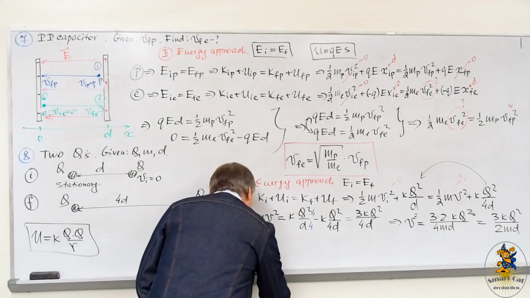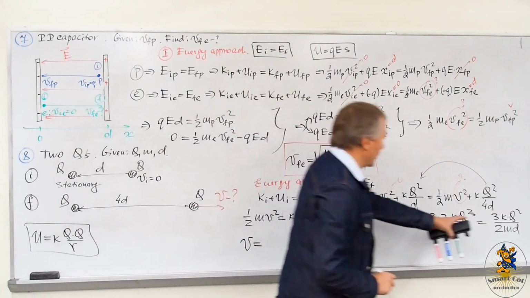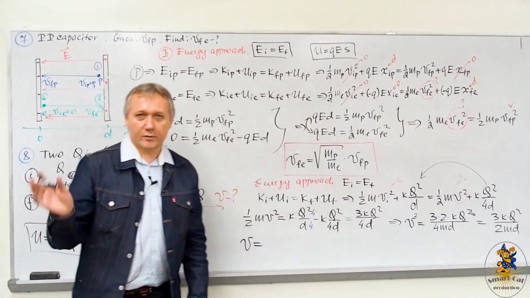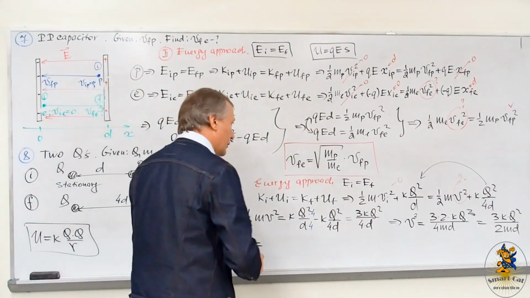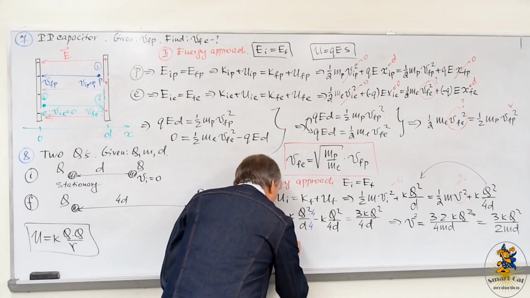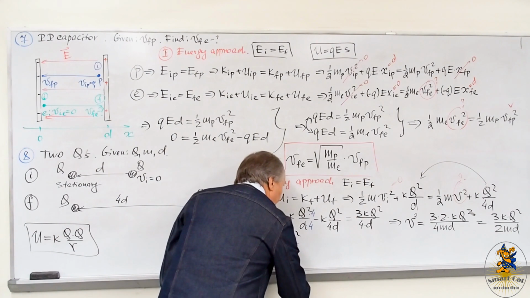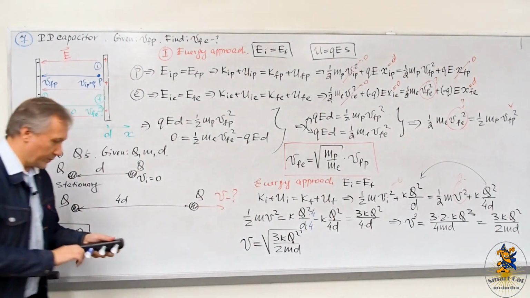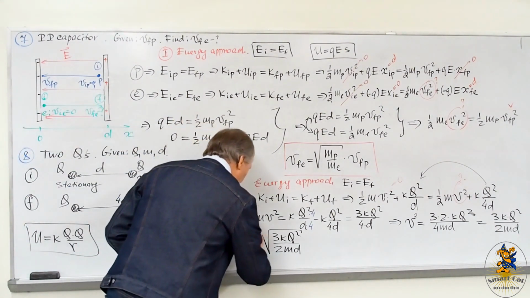So v equals, Q can of course be factored out, but since there are no numbers, we'll just keep everything under the square root sign. Square root of 3 k Q squared over 2 m d. Again, numbers are not given, so pretty much that's our answer.